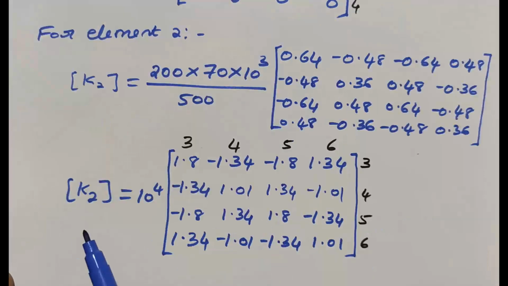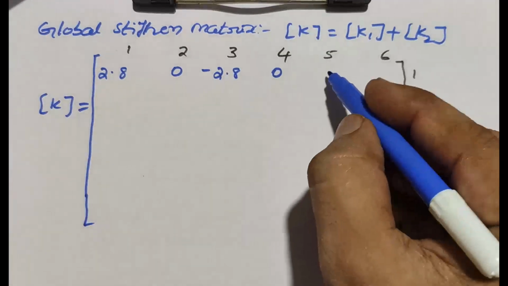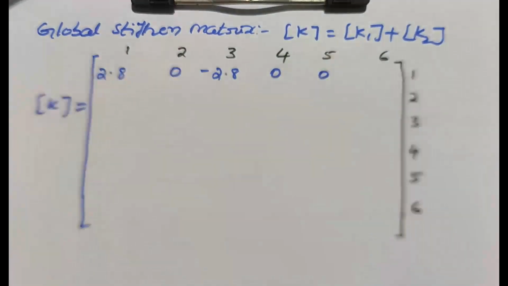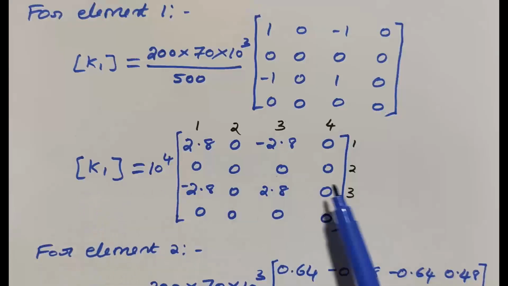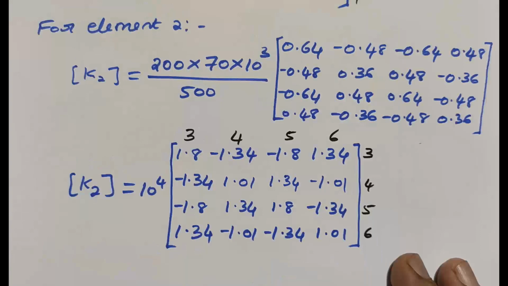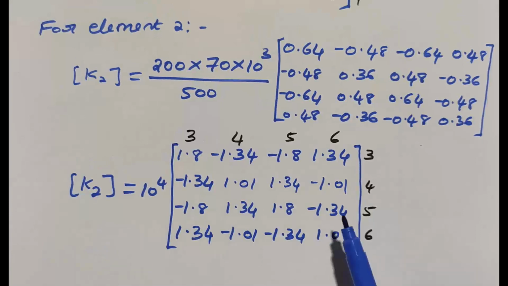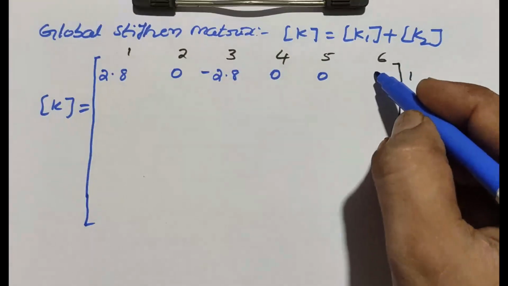Also in K2 we don't have any element corresponding to 5 and 1. Therefore it is 0. Next we need the element corresponding to 6 and 1. See, in K1 we don't have any element corresponding to 6 and 1. Also in K2 we don't have any element corresponding to 6 and 1. Therefore here it is 0.